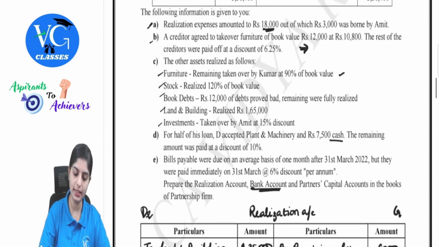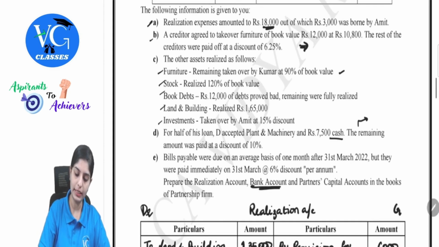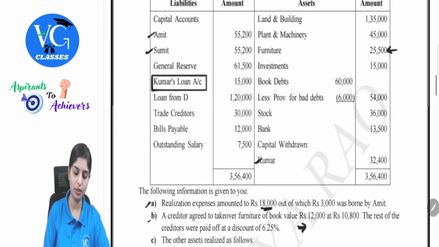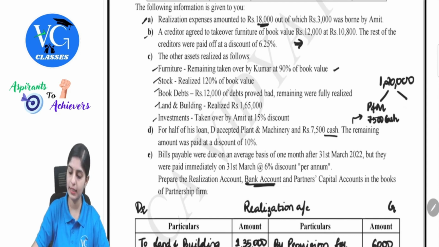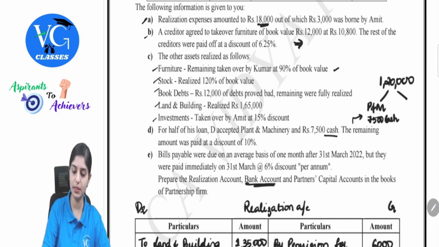So let's understand this. Half of his loan, D accepted plant and machinery. Loan of D was 1,20,000. 50% is 60,000. For this, he accepted plant and machinery and 7,500 cash. Remaining was payable at 10% discount. How much was remaining? 60,000 was paid at 10% discount, means 54,000.